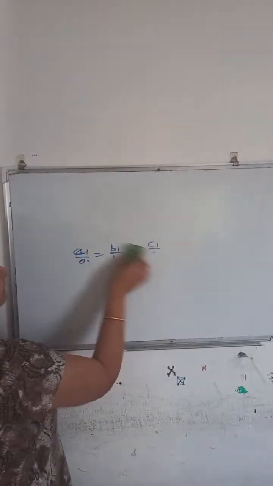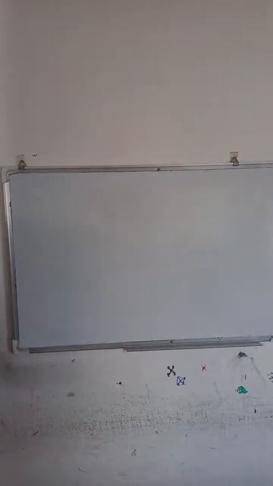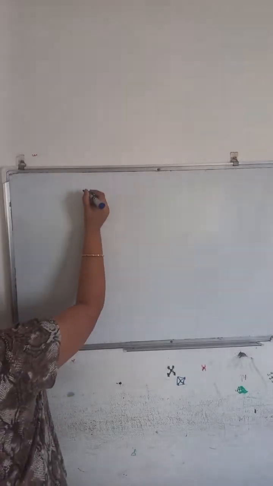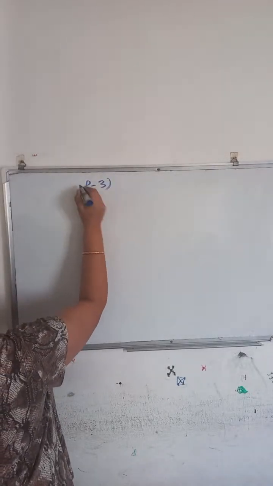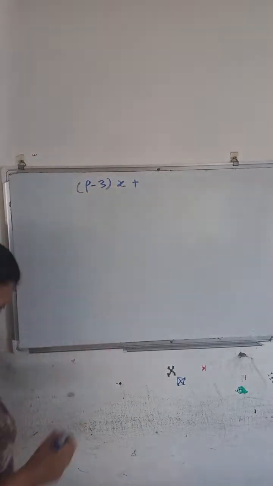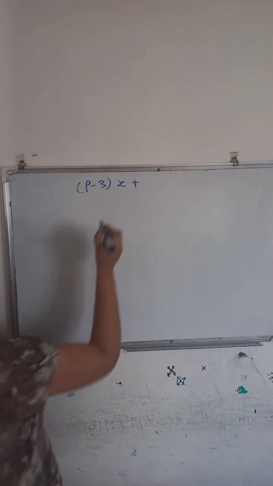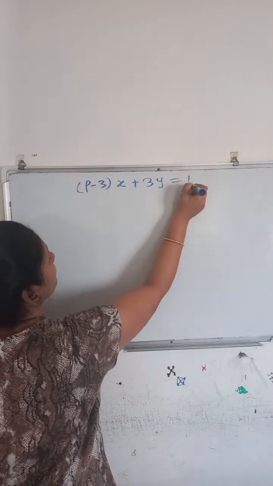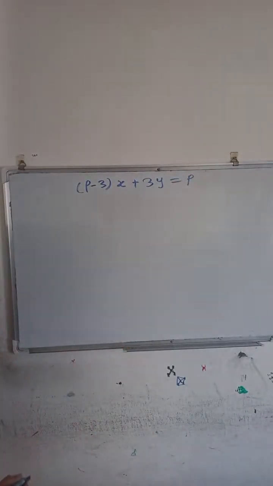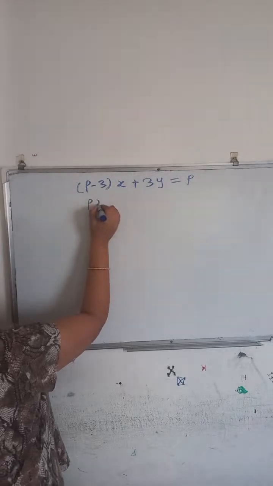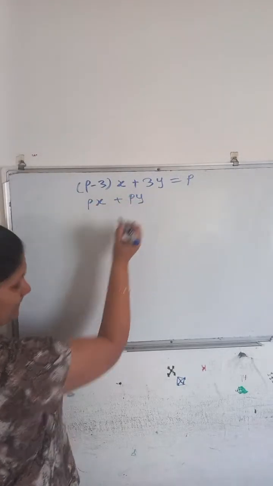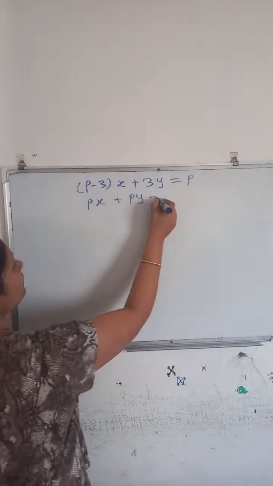Here, in the next equations, we have to find the value of p. These equations have infinitely many solutions, and the equations given are p minus 3 into x plus 3y is equal to p, and px plus py is equal to 12.